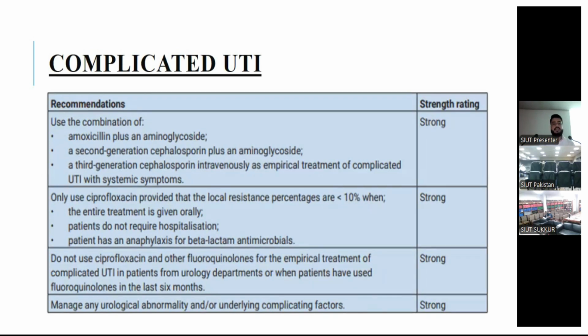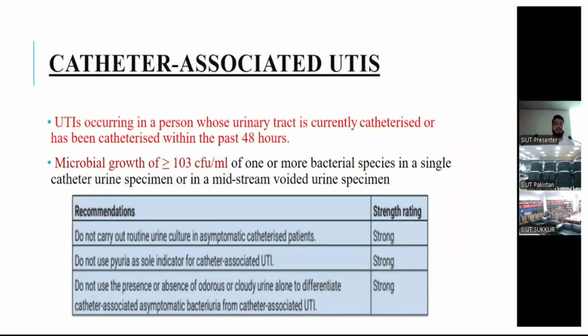So define catheter-associated UTI. Dr. Zaka, catheter-associated UTI. UTI occurring in a person whose urinary tract is currently catheterized or has been catheterized within the past 48 hours. Microbial growth of 1000 or more colony-forming units per ml of one or more bacterial species in a single catheter urine specimen or in a midstream voided urine.